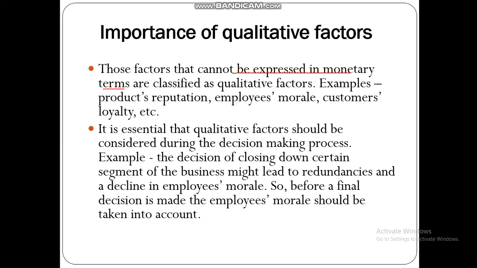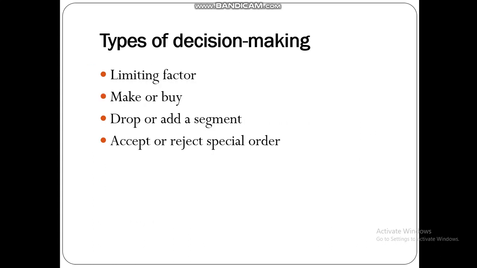Examples are product reputation, employee morale, and customer loyalty. If you have 3 branches, branch A, branch B, branch C, and you have to decide whether to close down branch C, what will happen? It will lead to redundancies and a decline in employee morale. So employee morale is one of the qualitative factors to be considered in your decision.